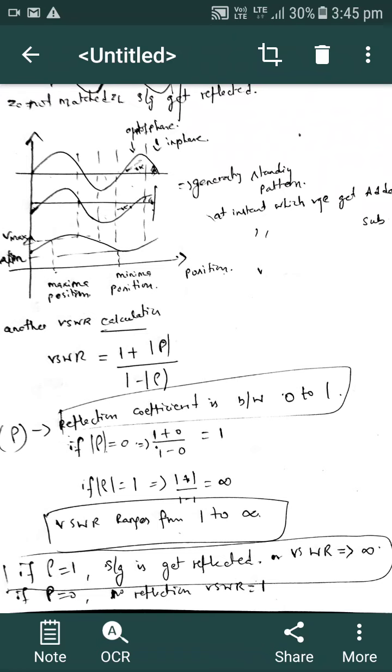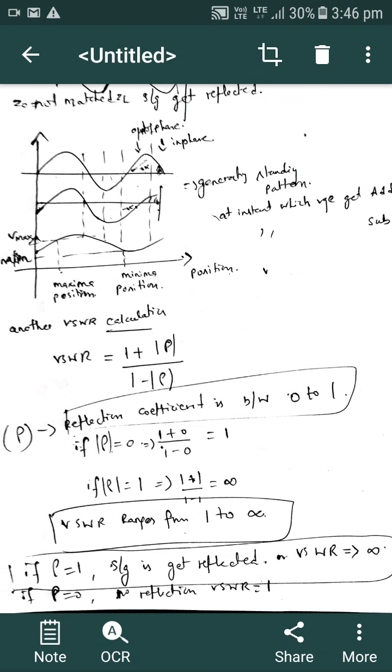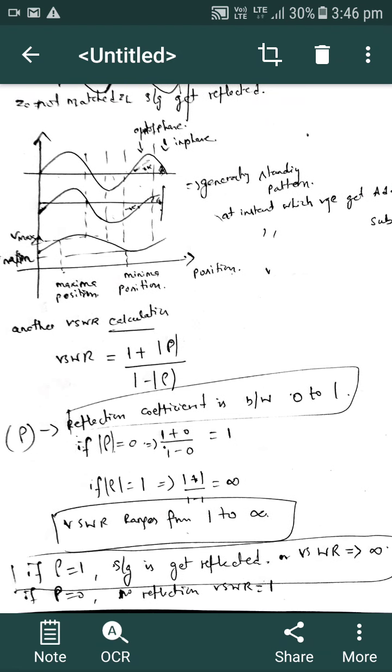So when the reflection value is 0, the VSWR value is 1. In the next case, if the modulus of rho is 1, substituting in the VSWR formula we obtain 2 by 0, which is infinity. So when the reflection coefficient is 1, the VSWR tends to infinity.